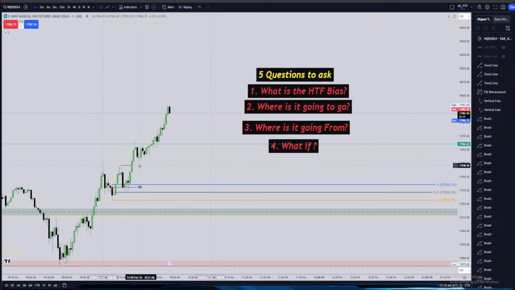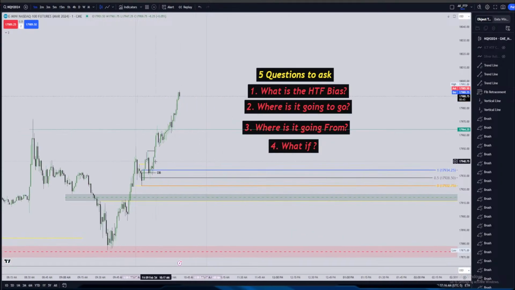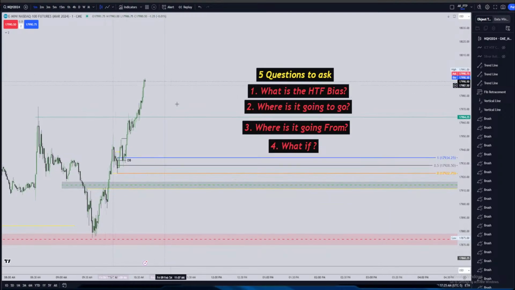So I don't really know if I could have got any entry from this specific move or not, but whatever it is, the silver bullet is this far. So it's still inside the silver bullet, so it can even come back for the 15 minute retest, fair value retest, and at that moment you can maybe get a sell short setup for your silver bullet.